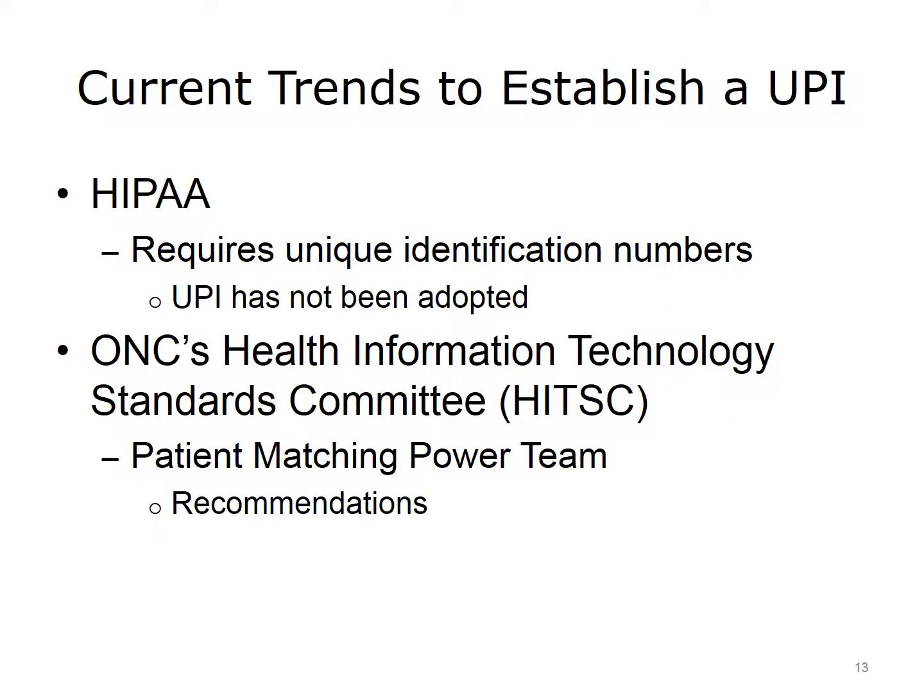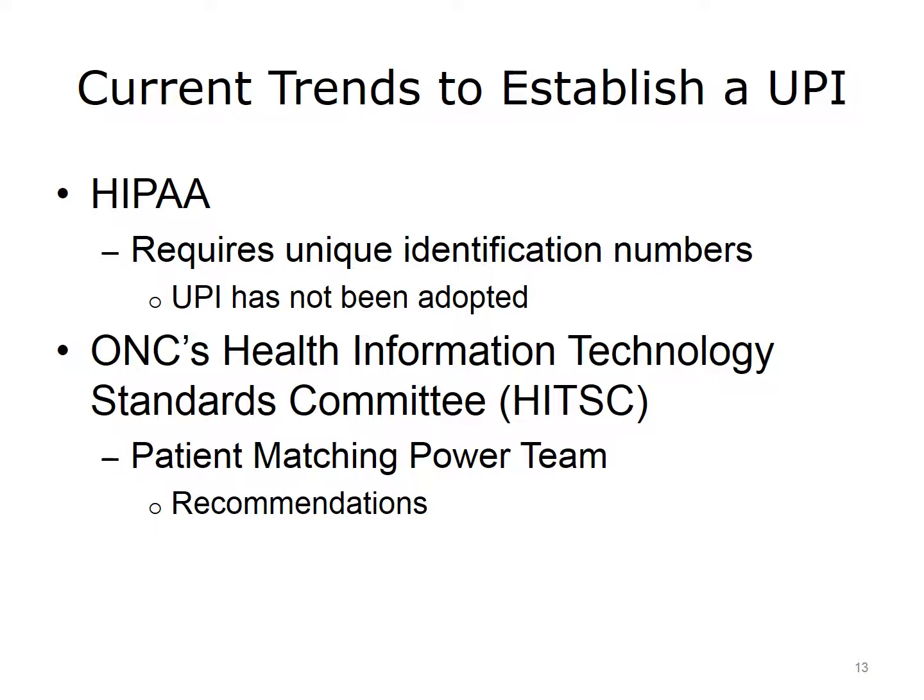Most agree that unique identification numbers are needed for patients, but there is no consensus on the method of identification. HIPAA regulations require unique identification numbers that can be used across information systems, although an individual patient identifier, UPI, has not been adopted due to a number of factors, specifically privacy and security concerns.